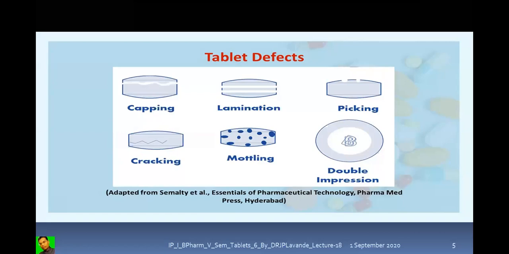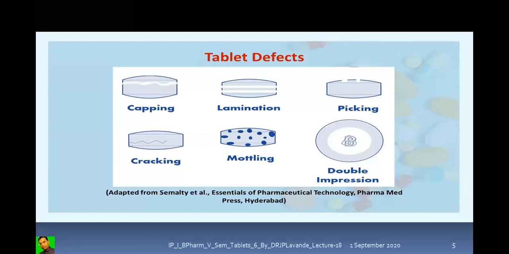So once the cause is known, we can very easily go for finding the remedies. If moisture is the reason, then improvement of drying is the remedy. If high speed is the reason, then we can reduce the speed, that is the remedy for that.